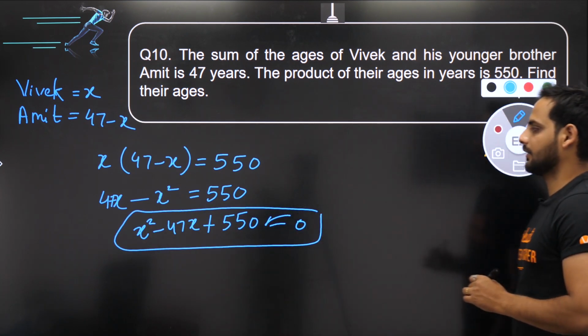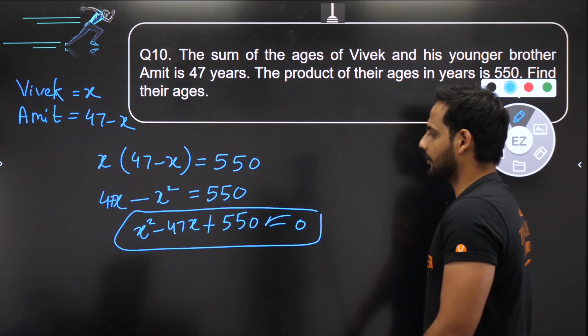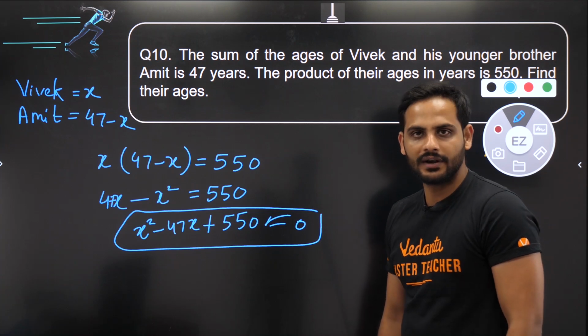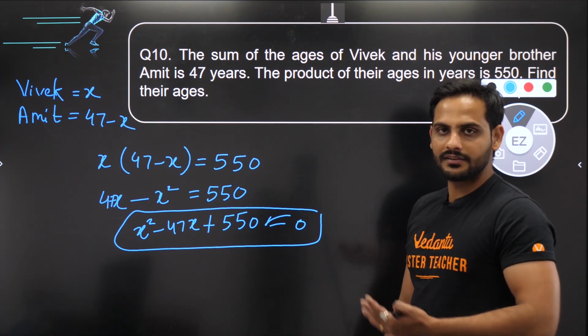Now 47 can be split: 25 twos are 50, and 25 times 22 gives 550. So minus 47x will be separated as minus 25 and minus 22. Their multiplication will give you this part.